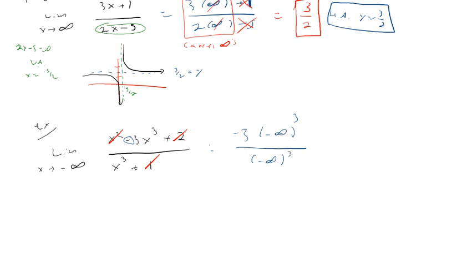Again, I have negative infinities, and just like my positive infinity, I can cancel these. I have 3 infinities on the top, 3 negative infinities on the bottom. They can cancel. So what's my limit? Only thing left, this is a 1 on the bottom down here, so really it's just negative 3.